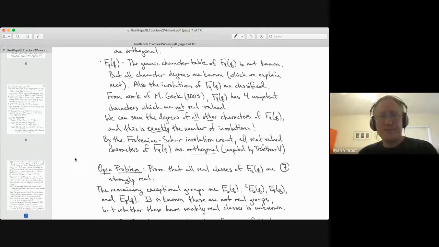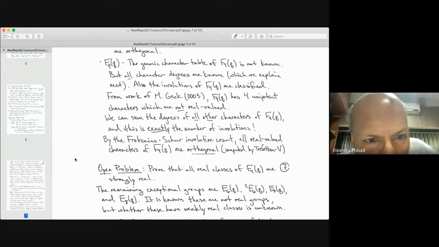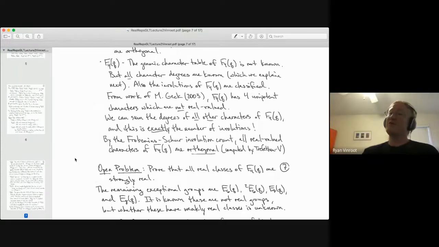I don't know. One knows how many of them there are, because there are 4 characters which are not real. There are 4 unipotent characters that are not real, but there's not necessarily a direct correspondence to unipotent classes being not real in that case. One has to be a little careful there.